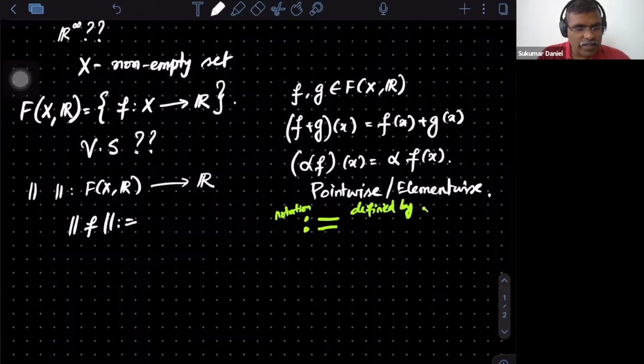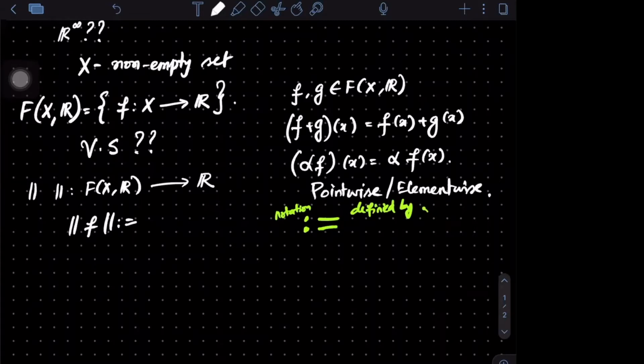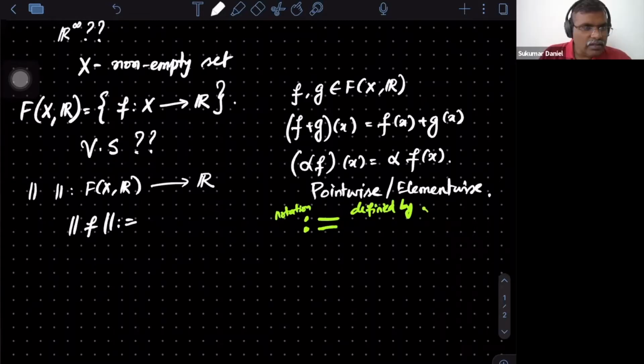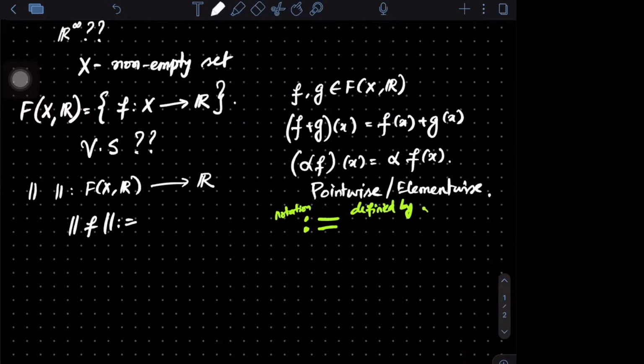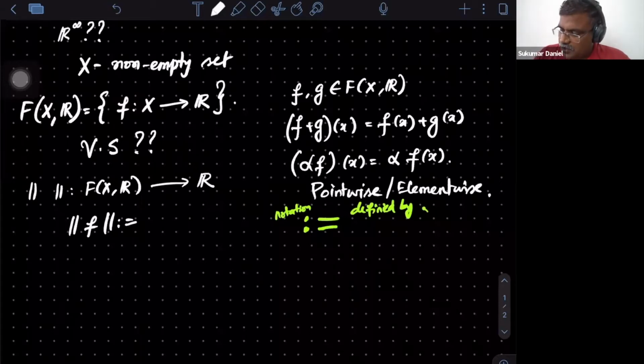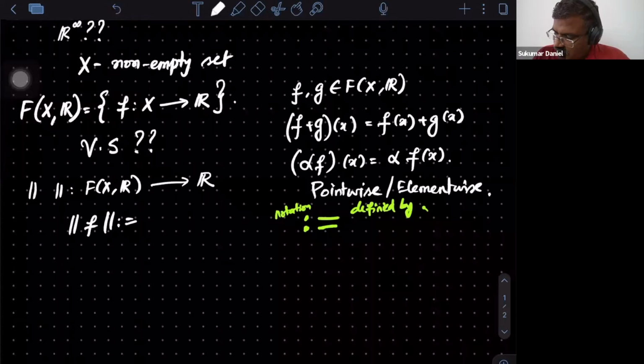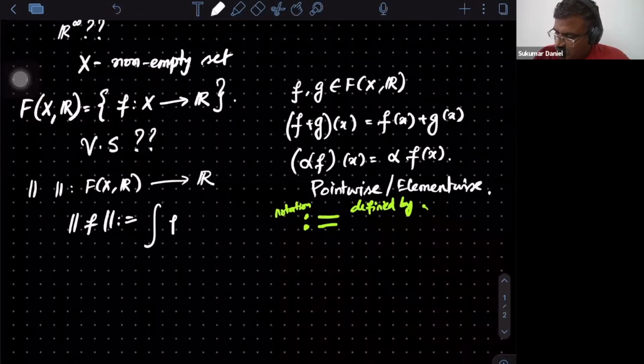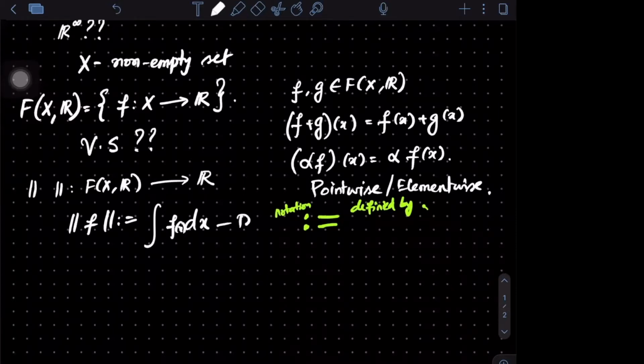Who is answering? Datta: we can define the modulus of the integral of f of x dx, but sometimes it attains values in the extended real line. Yes, correct, so there are options. So let me call this one, the integral of f of x dx. This is by Datta.